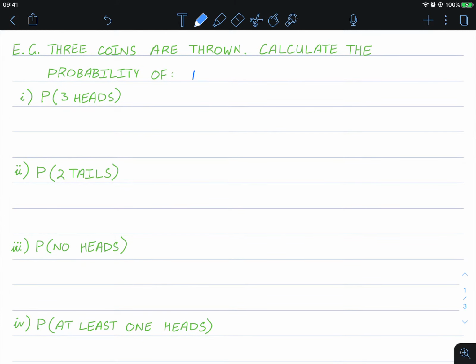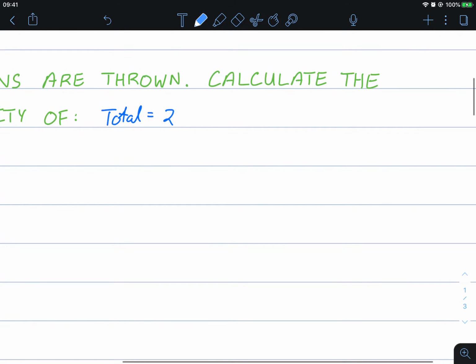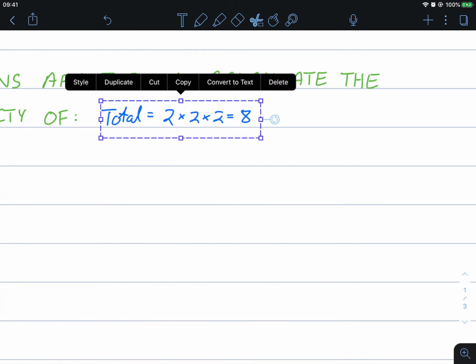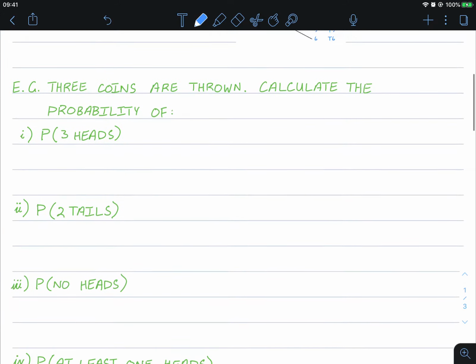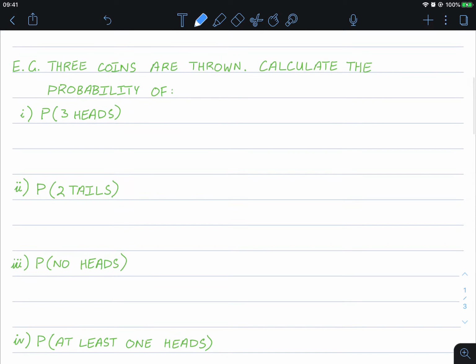So the total sample space, or the total number of outcomes, is 2 in the first coin times 2 in the second coin times 2 in the third coin, which is a total of 8 total branches.